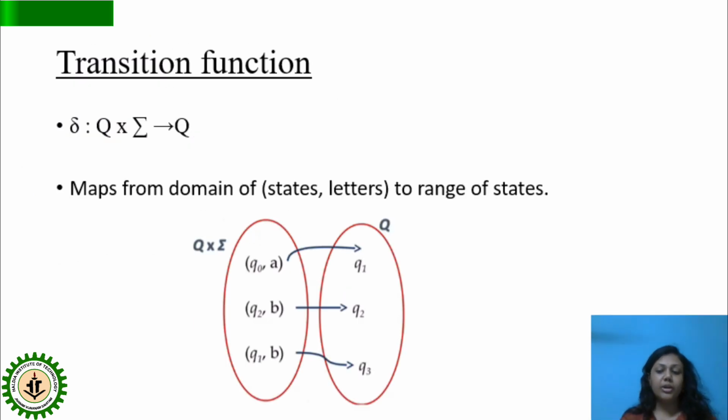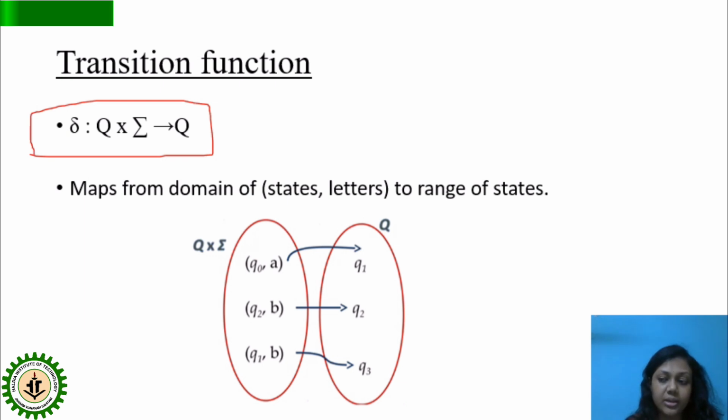Now, let's see. What is a transition function? How does this transition work? Now, this is the further definition for transition. Delta: Q cross sigma gives another state Q. It maps from the domain of states and letters to the range of states.